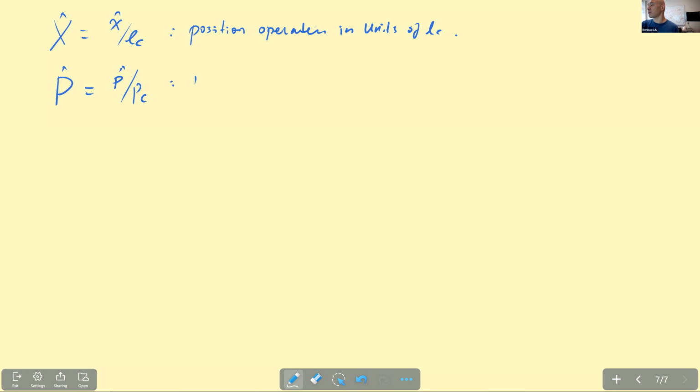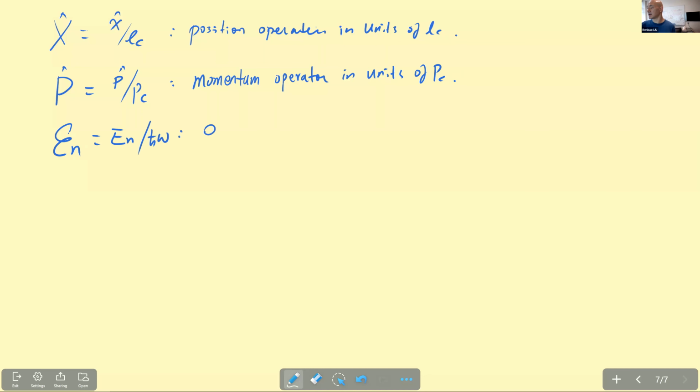So this is the momentum operator in units of PC, right? The momentum scale. And the energy, we can also define this energy that equals the original energy divided by h bar omega.